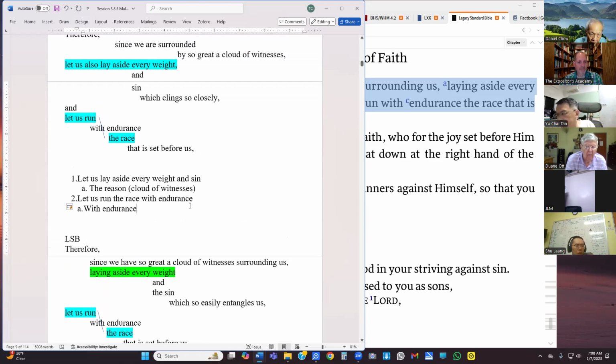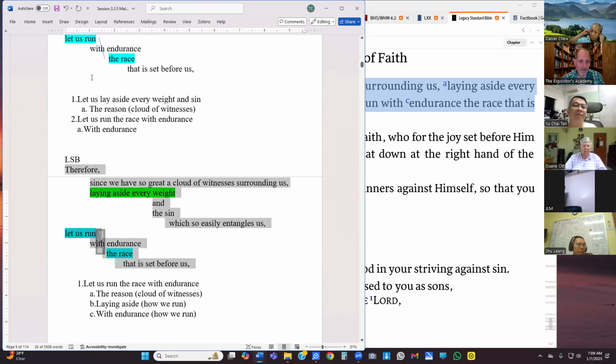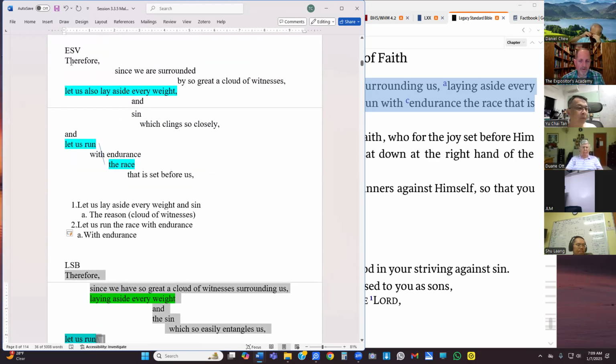Okay. So you see, this is how it changes. So then I think the obvious and most important question will be, well, which one is more correct? Is the LSB closer to the original, or is it the ESV?